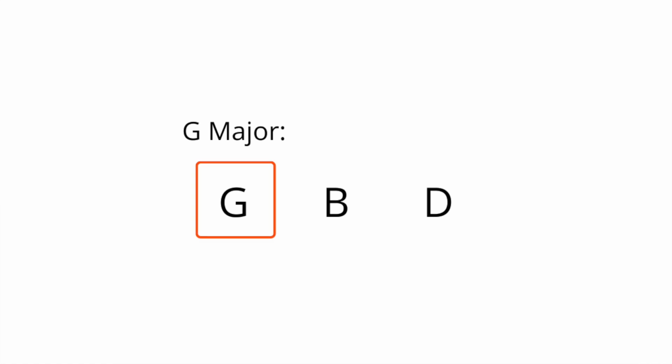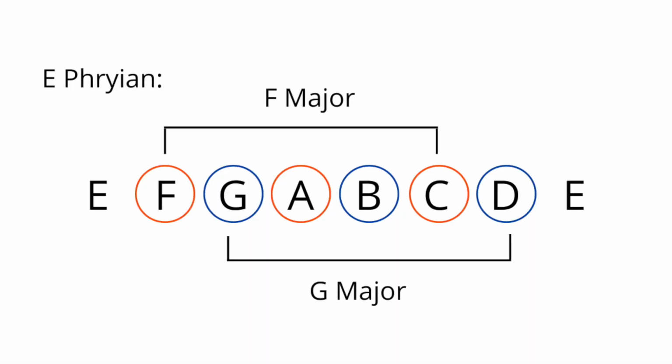The arpeggio is the notes in the chord being played separately. The notes we have in an F arpeggio are F, A, and C. The notes in the G major arpeggio are G, B, D. There's no overlap here. We have six different notes, and they all belong to the E Phrygian mode.